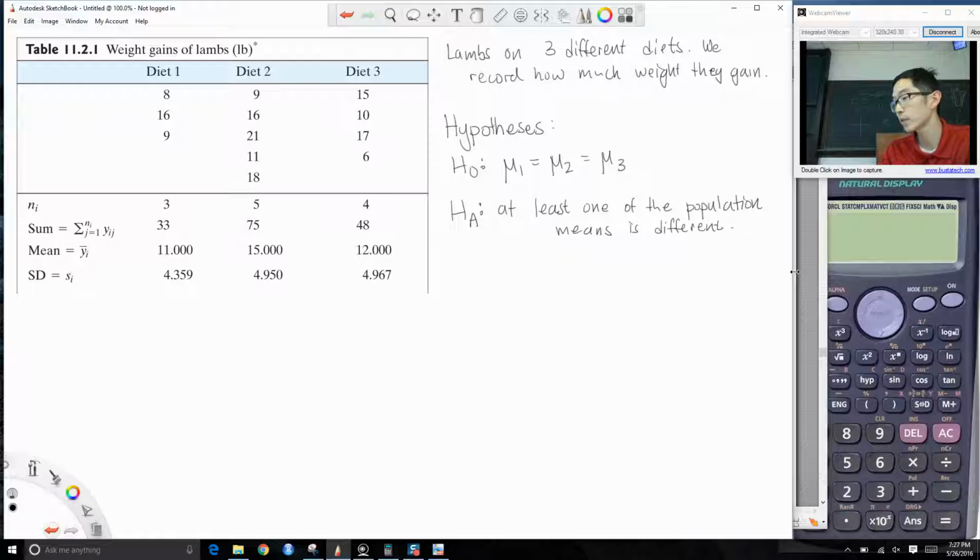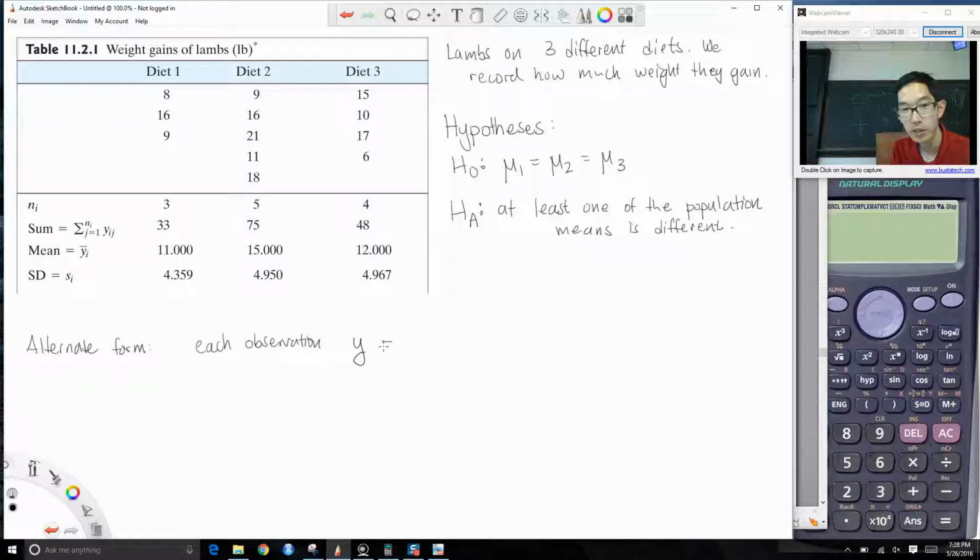There's another way we can write this, an alternate form. This works quite well for one-way ANOVA, okay, because it's simple. The alternate form is that we can say each observation y is made up of different things here, okay?